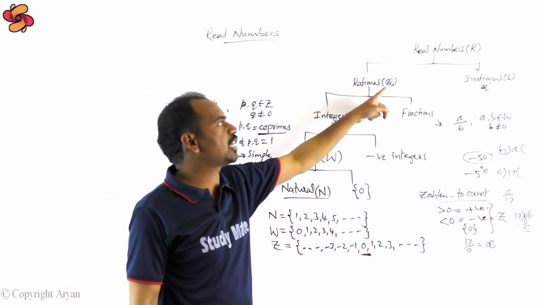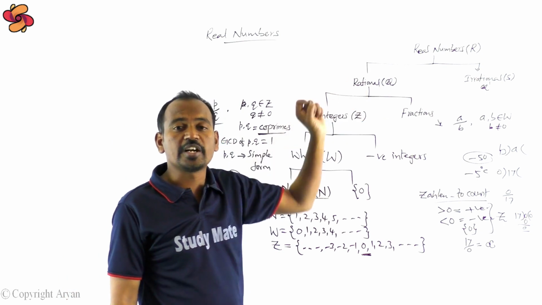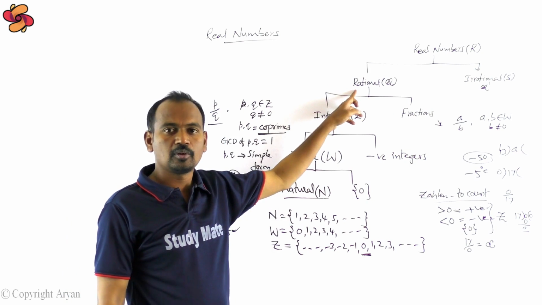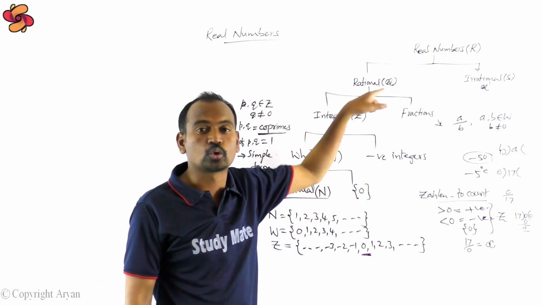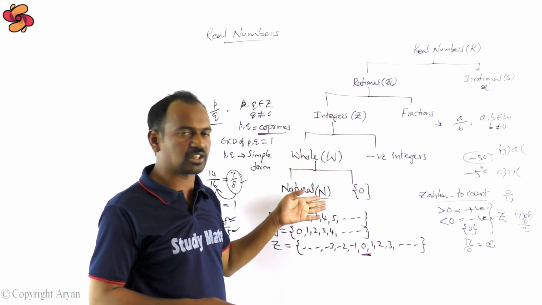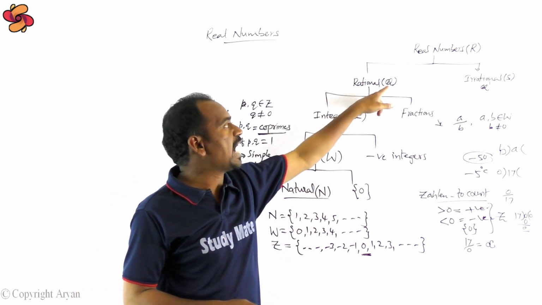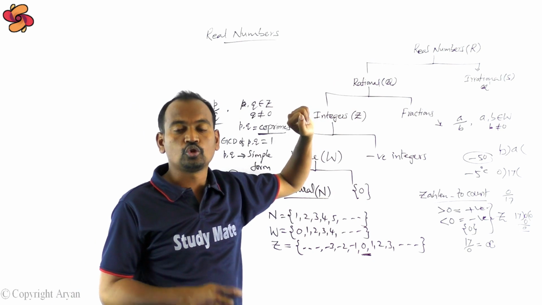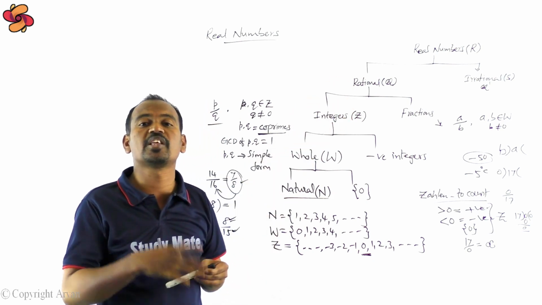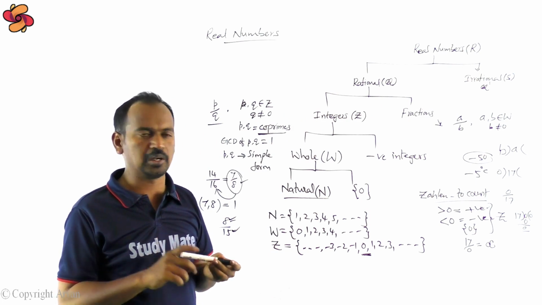So coming to the rational number, the word is rational and the first letter is R, but we took capital Q, an uppercase letter. Every time we will use the uppercase letter only. We are taking Q to denote the set of rational numbers. Now what is the reason? Very simple.